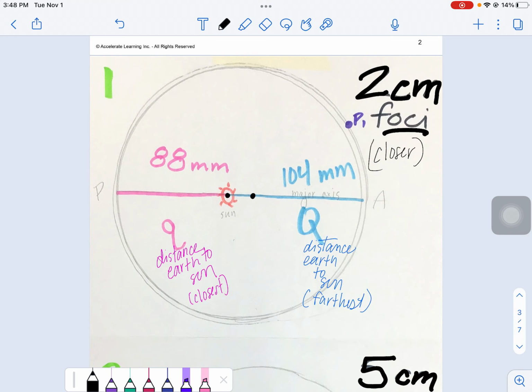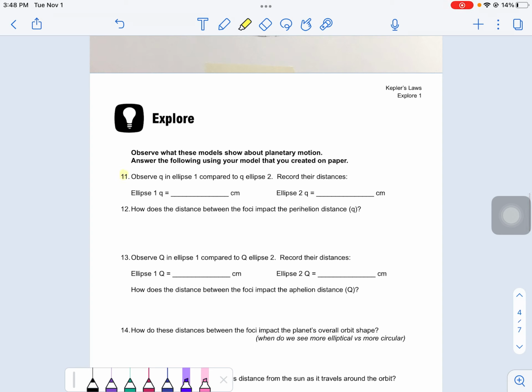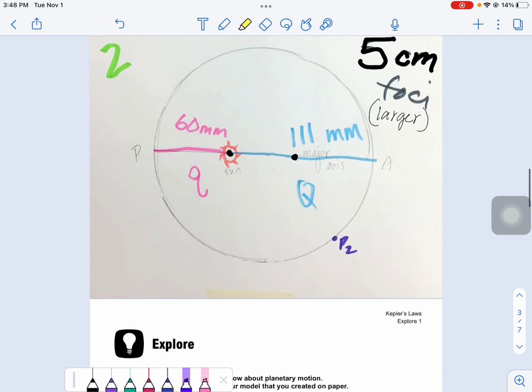So in class, we labeled these up and we took some measurements, and those measurements need to be used. To complete the following, you need to grab these measurements from this video. We're looking for ellipse 1, lowercase q, compared to ellipse 2, lowercase q.